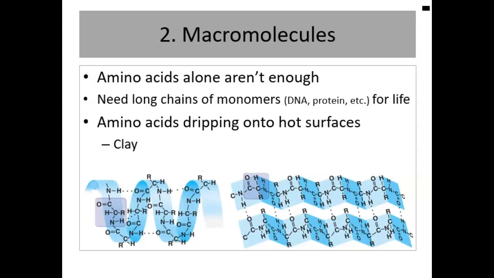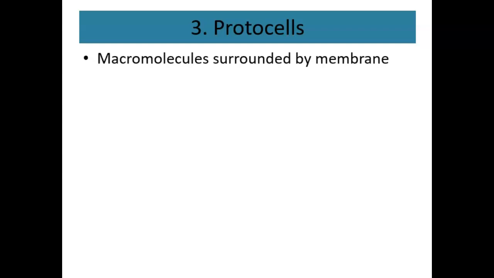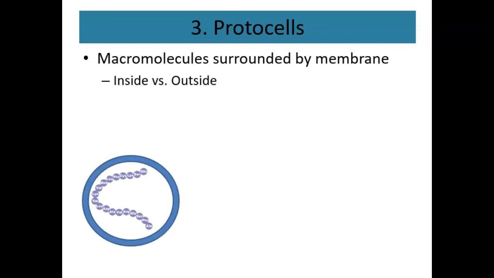Okay, so let's imagine that we've gotten to the point of forming macromolecules, however that happened. Now we need to put them somewhere, specifically in what we're going to call a protocell, which is basically a membrane around those macromolecules. This is going to divide things into an inside part and an outside part. Now let me mention why this is so important. Why do you need to have an inside versus an outside to have an actual living organism? It allows that organism to maintain a different internal environment than the outside world.